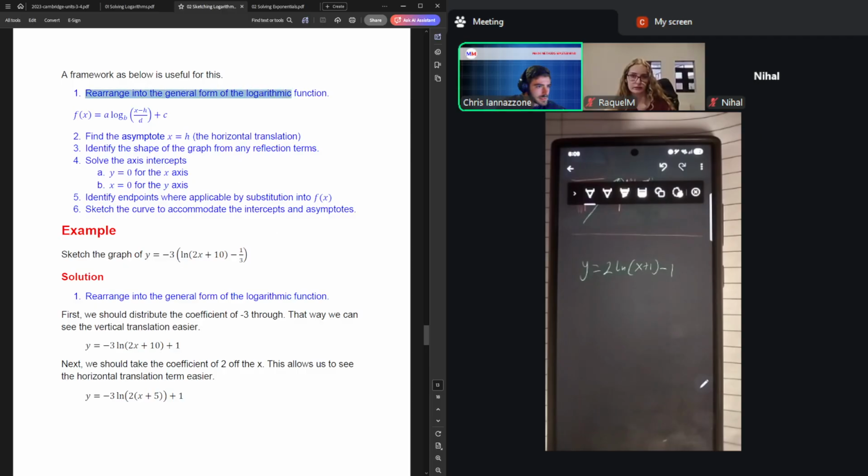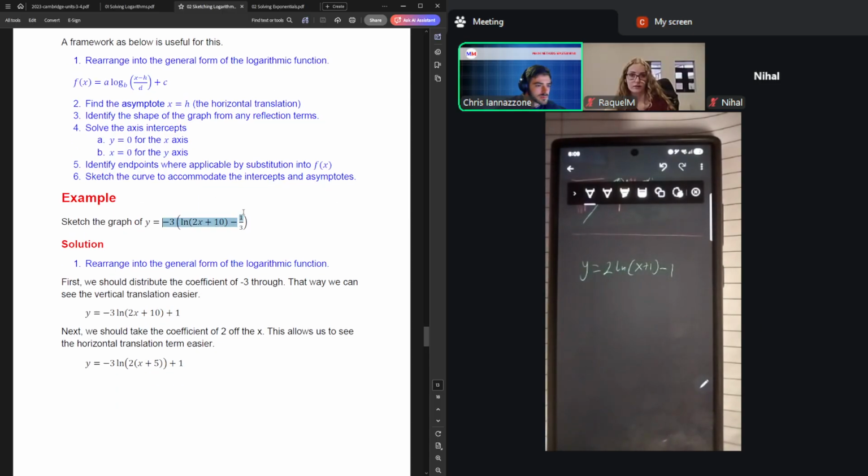Are you trying to interpret step 1 here? Yeah. Okay. So this step is mainly to make the logarithm equation look easier to work with. If you have a look at the screen share, for instance, it had a bit of nastiness to it. We just wanted to make sure that we could clearly identify all the key terms in the logarithm. When you convert to exponential is more so when you start solving for those axes intercepts, because x is in the bracket of a logarithm.